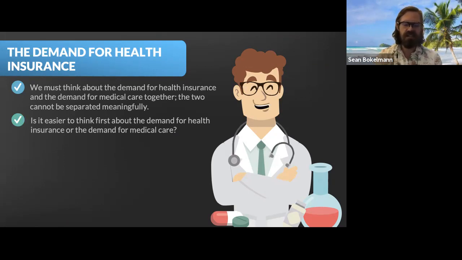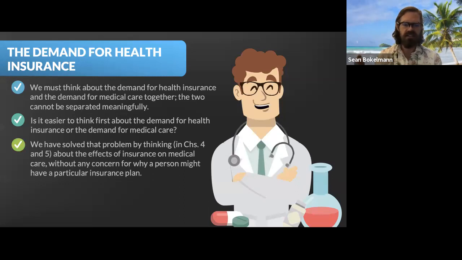So thinking about this, it kind of begs the question, is it easier to think about the demand for health insurance first, or should we think about the demand for medical care first and then work our way to the other one? We actually already did this when we thought about the effects of insurance on the demand for medical care, right? We saw that it creates steeper demand curves.